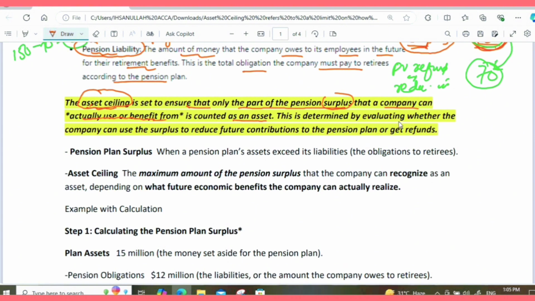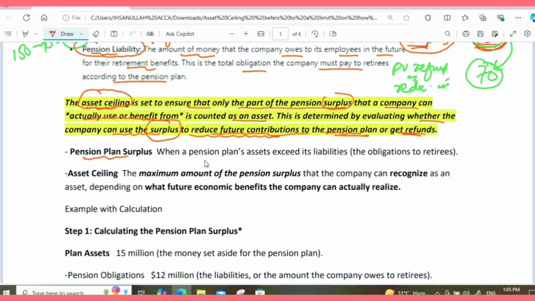This is determined by evaluating whether the company can use the surplus to reduce future contribution to the pension plan or to get a refund. When the surplus can reduce the future contribution to the pension plan or get a refund, then you will use that amount and recognize that amount.